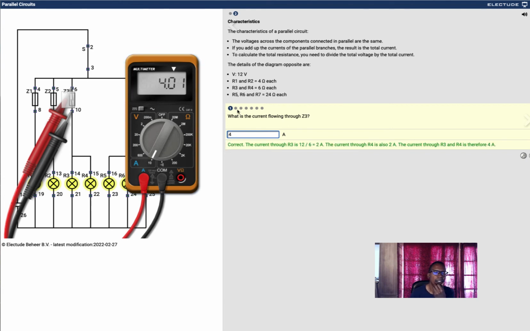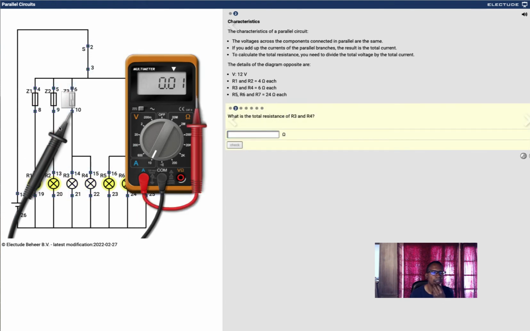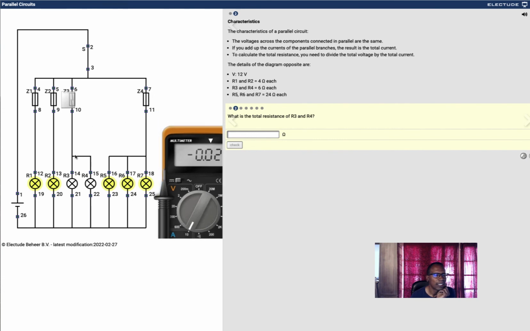Alright, let's go to R2. It says, what's the total resistance of R3 and R4? This is R3 and R4. We already know it's 4 amps, right?